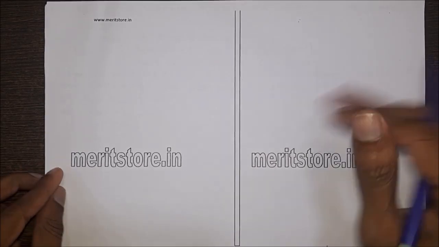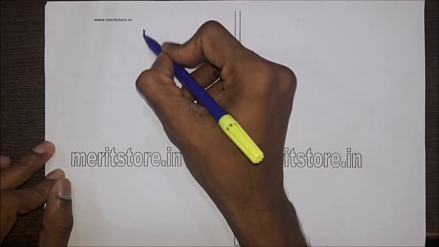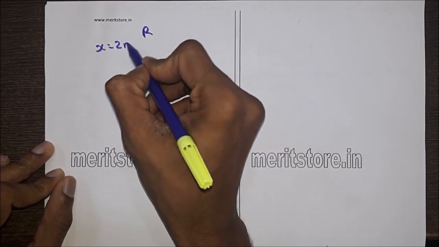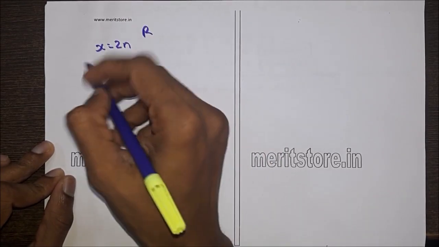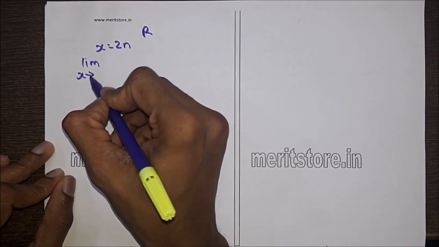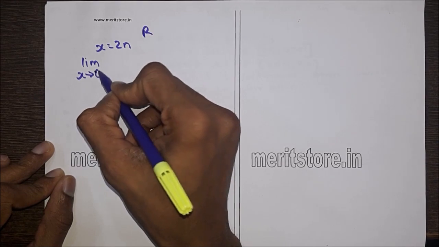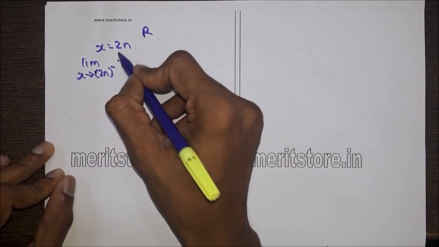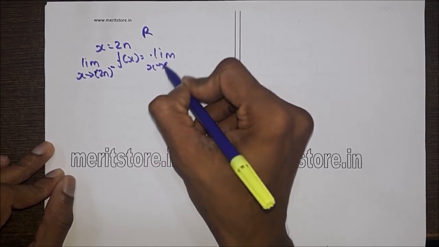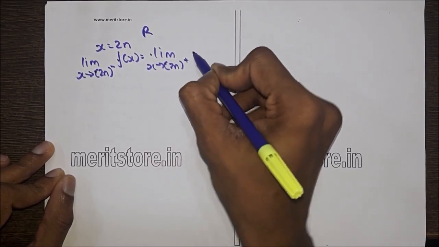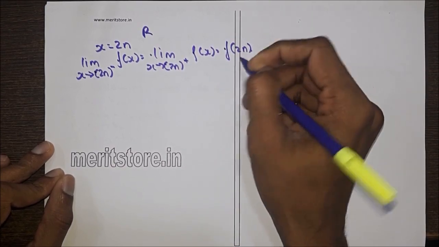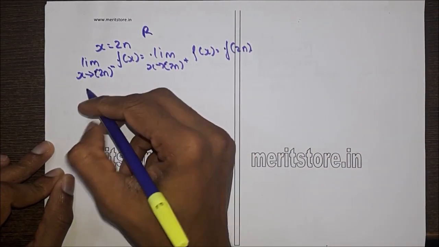Since f is continuous at every point in R, f is continuous at x equal to 2n. So limit x approaches 2n from the left hand side of f x is equal to limit x approaches 2n from the right hand side of f x, which is equal to f of 2n. Further, we can substitute the value of function f of x.